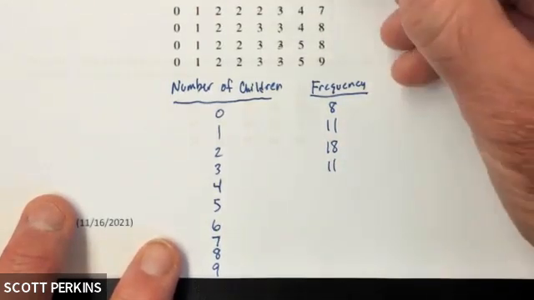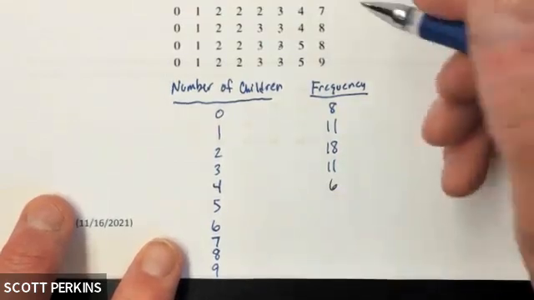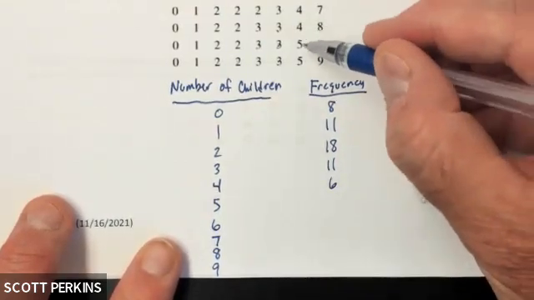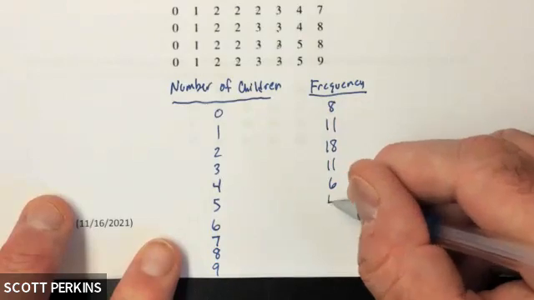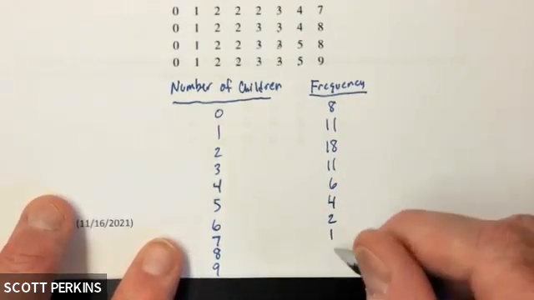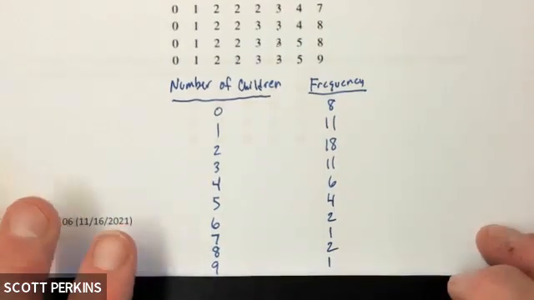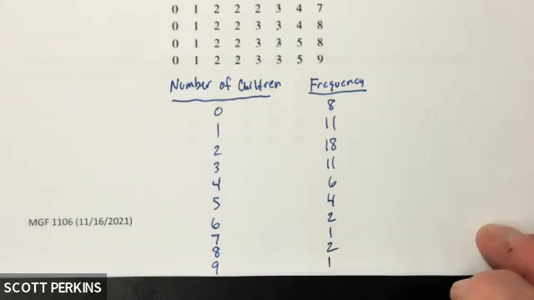How many 4s? 6. How many 5s? We're declining in frequency. 4. 6s, there's 2. 7s, there's 1. 8, there's 2. And last but not least, 9. Somebody was really busy. There you go.